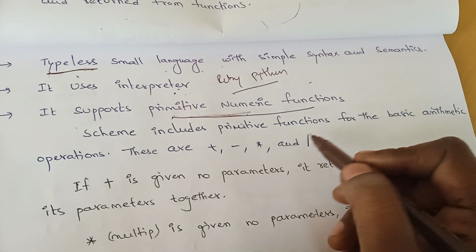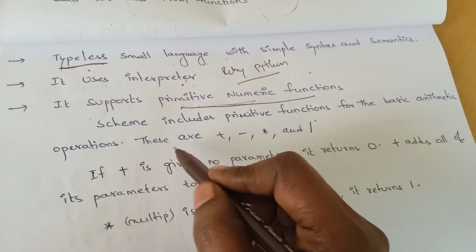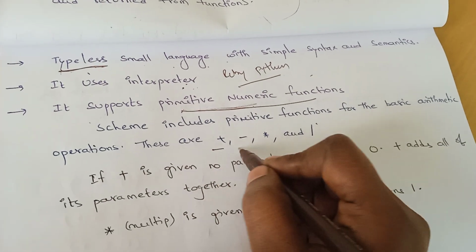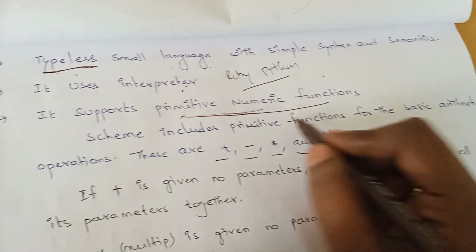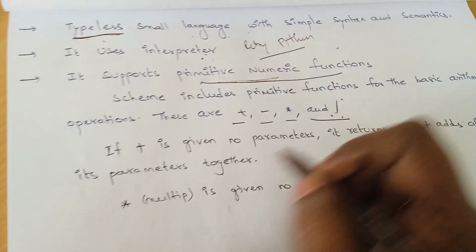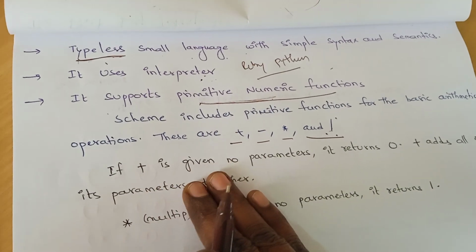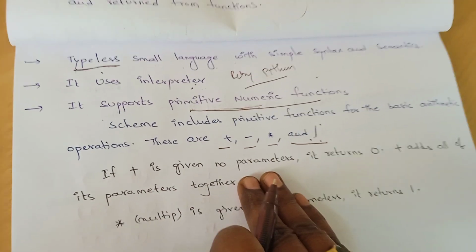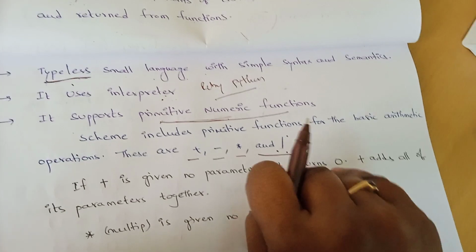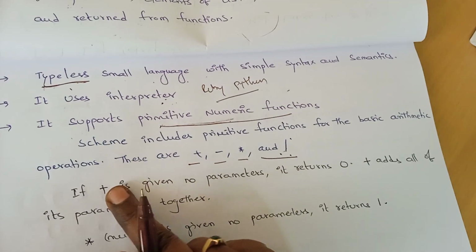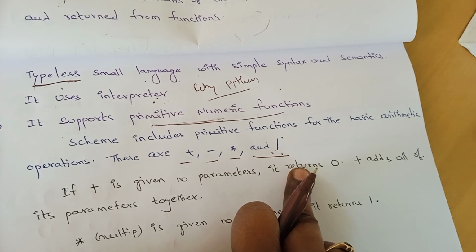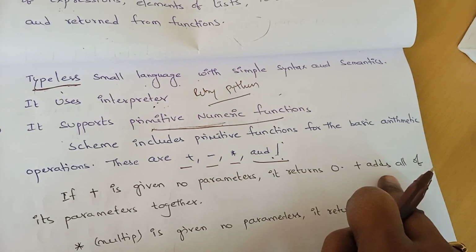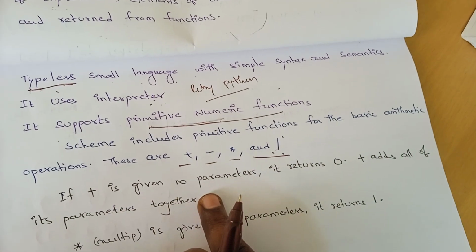Scheme includes primitive functions for the basic arithmetic operations. These are plus, minus, star and slash. What do you mean by this? These are primitive functions. If plus is given no parameters, it returns 0. Why? A function with empty parameters returns 0. And plus adds all of its parameters together.